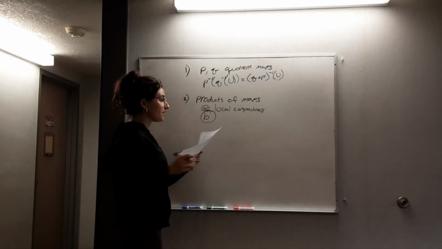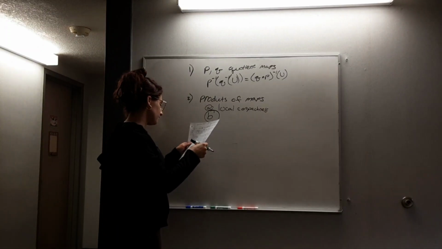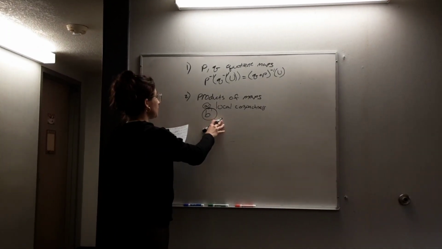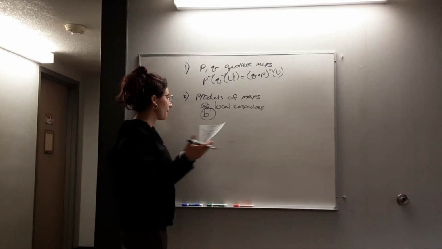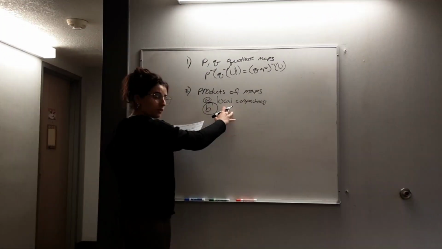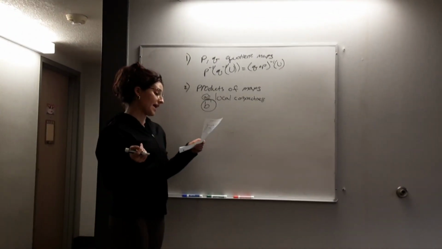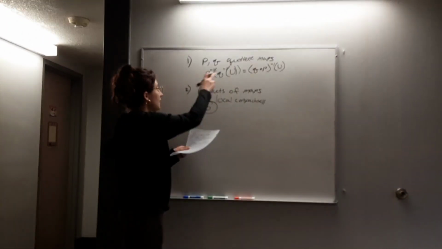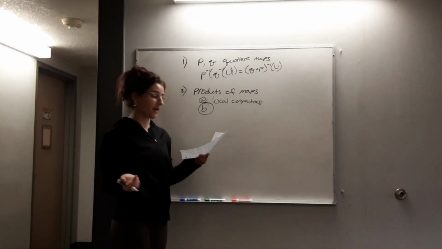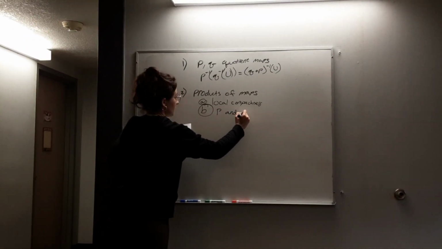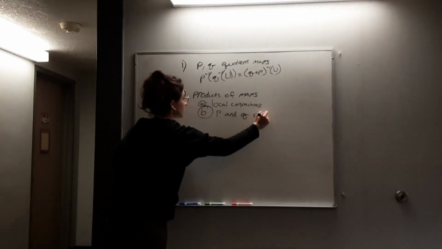So, second, we're going to go over that for products of maps, in order to be a quotient map, in addition to the local compactness, both maps, P and Q, must also be open maps. So P and Q open.